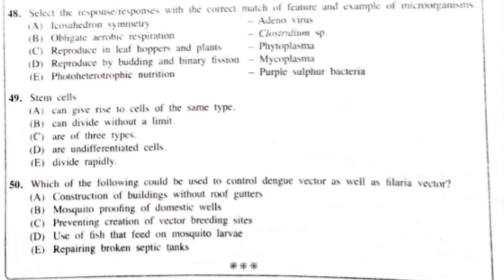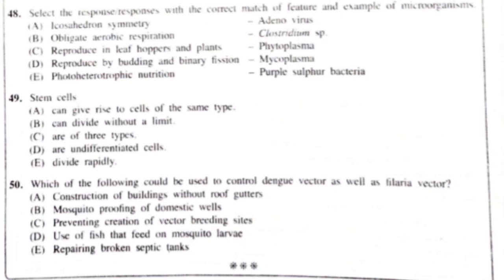Then obligate aerobic respiration is not for Clostridium. Clostridium shows obligate anaerobic respiration. Phytoplasma reproduce in leaf hoppers and plants, that is correct. Mycoplasma reproduce by budding and binary fission, that is also correct. Then statement E is wrong. Purple sulfur bacteria show autotrophic nutrition.